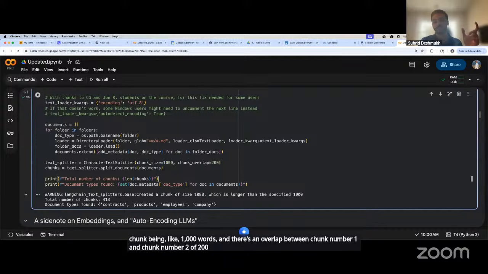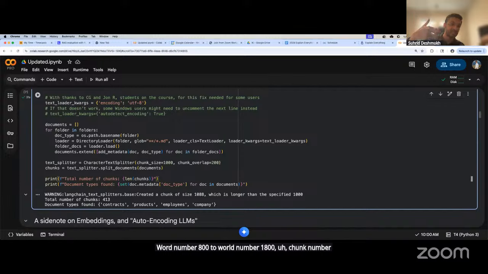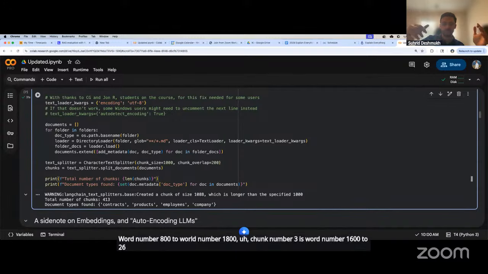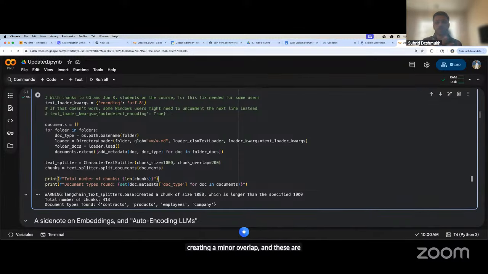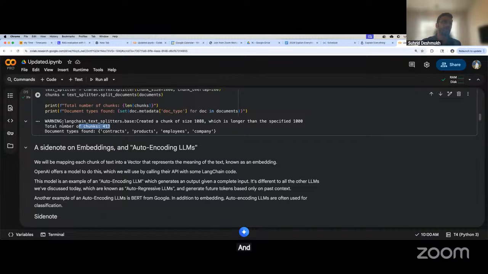So chunk number one is the first 1000 words, chunk number two is word number 800 to word number 1800, chunk number three is word number 1600 to 2600, and so on. So you're essentially just creating a minor overlap, and these are hyperparameters, right? You would evaluate the model based off of these hyperparameters to see how it's doing. And so we created some chunks.